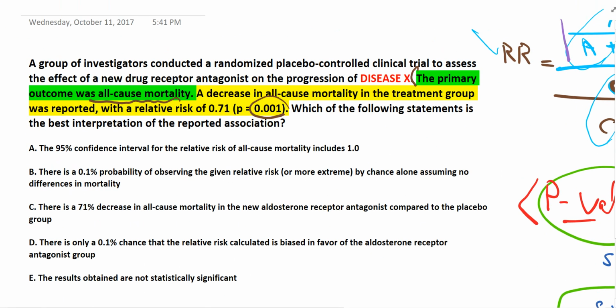Now, here it says that the primary outcome was all-cause mortality. You have to recognize where the null hypothesis is here.